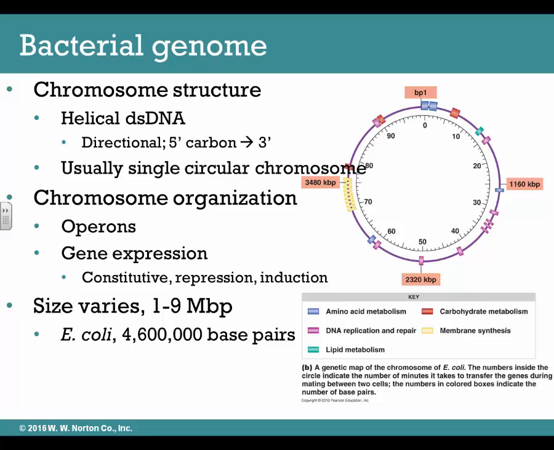You can't see the final number, but it is 4.6 million base pairs. Base pairs are those matching A's and T's, or G's and C's, that make up the entire genome.